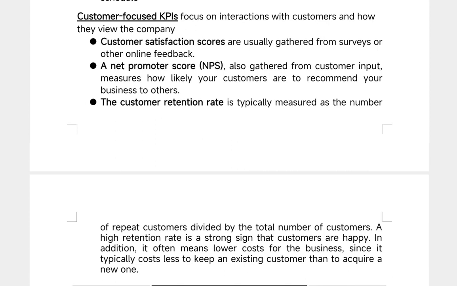For example, in online shopping like Shein, Lazada, Shopee, there are feedbacks or reviews of those sellers, right? After purchasing an item, you're able to review and give feedback about it. That is one example of customer satisfaction scores.